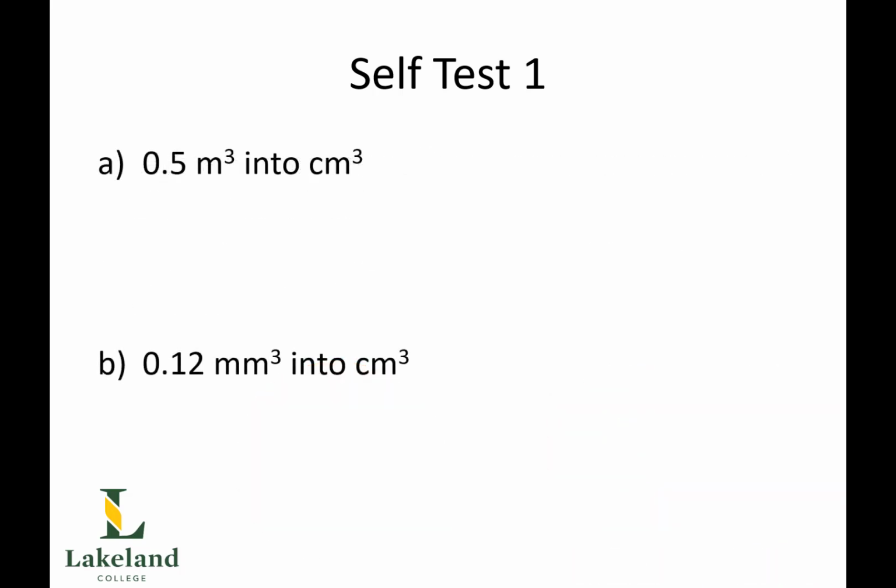So here are the answers for self-test 1. For question A, we need to convert 0.5 meters cubed into centimeters cubed. So basically, we're going from meters cubed to centimeters cubed, so we need to work out how many decimal shifts that is going to be.